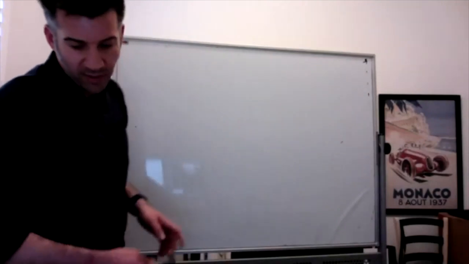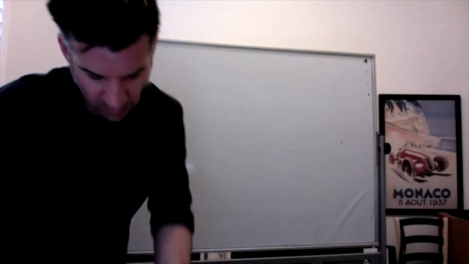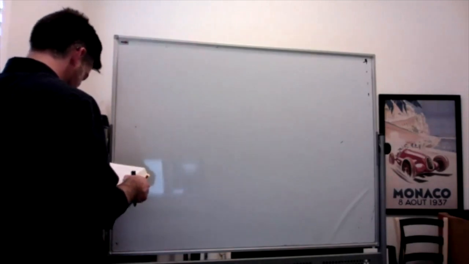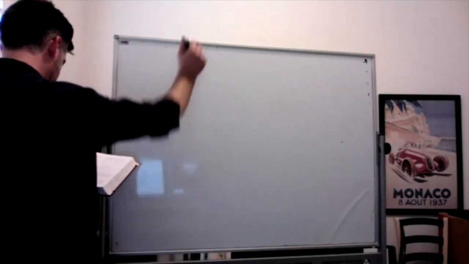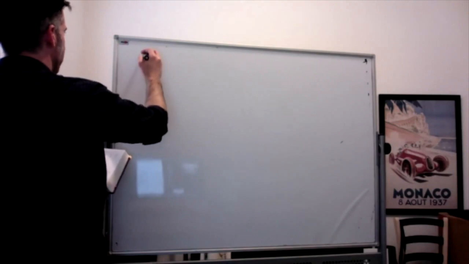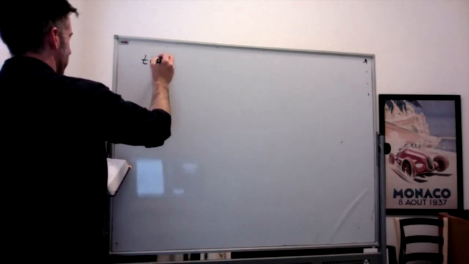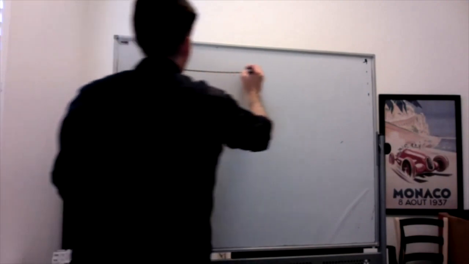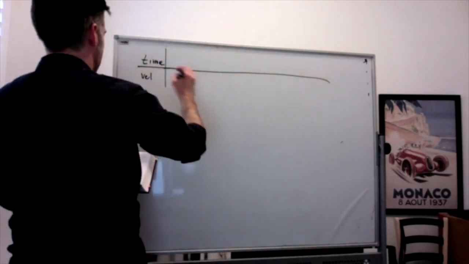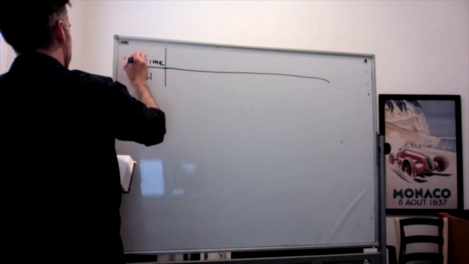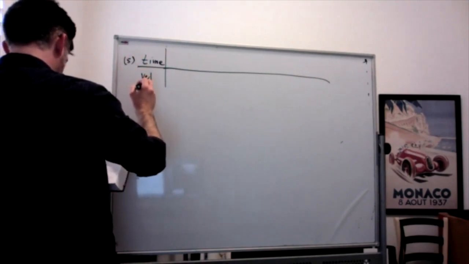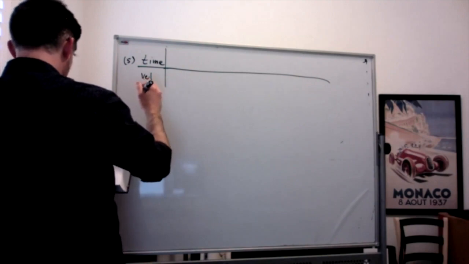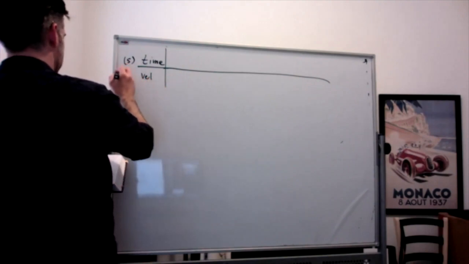So let's say we're given the following time and velocity information of a car. Time is measured in seconds. Velocity is measured in feet per second.